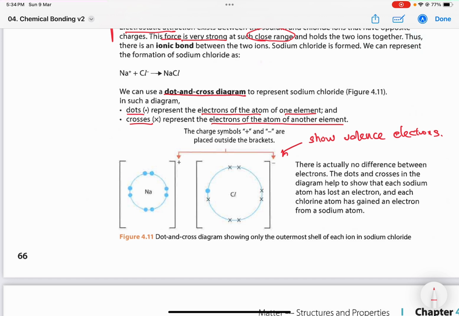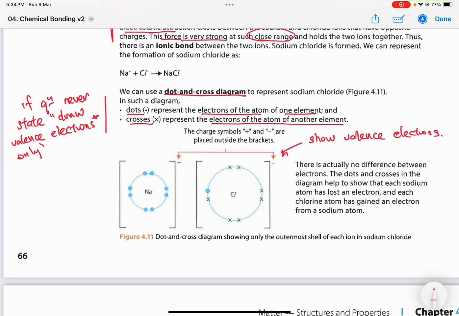So I need to take note. If the question never states to draw valence electrons only, you will actually need to draw all the electrons.